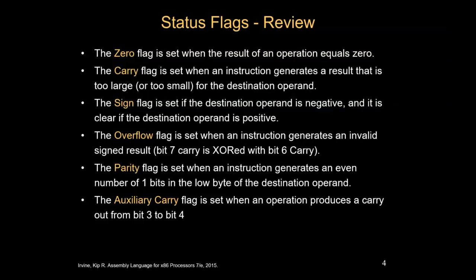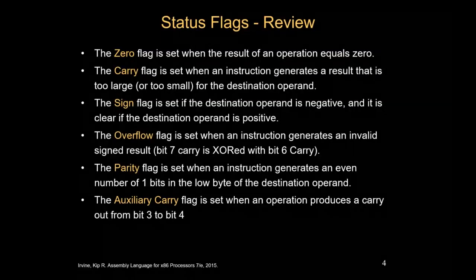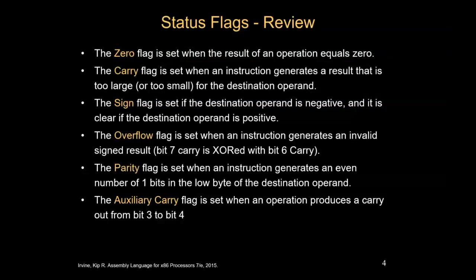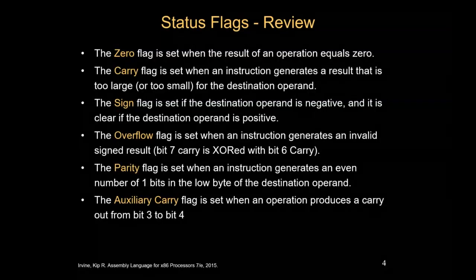And then the overflow flag is set when the instruction generates an invalid signed result. So the carry out of bit 7 is XORed with the carry out of bit 6. That is one of the examples that you can use. You'll see them in the examples that we'll be having today.